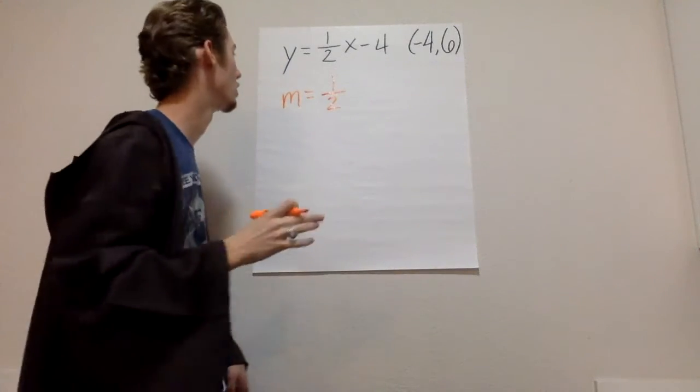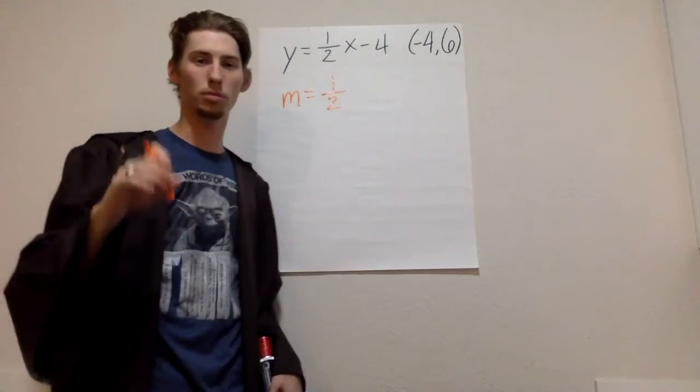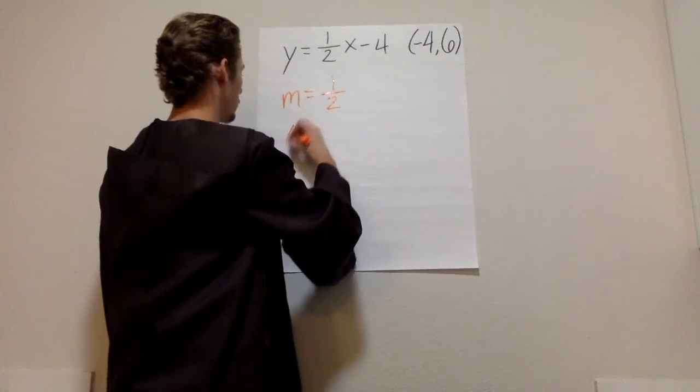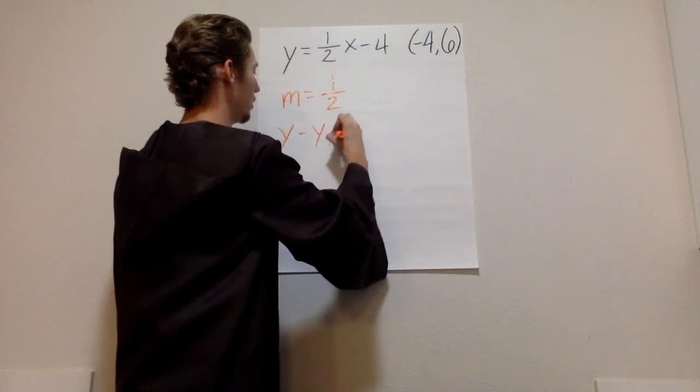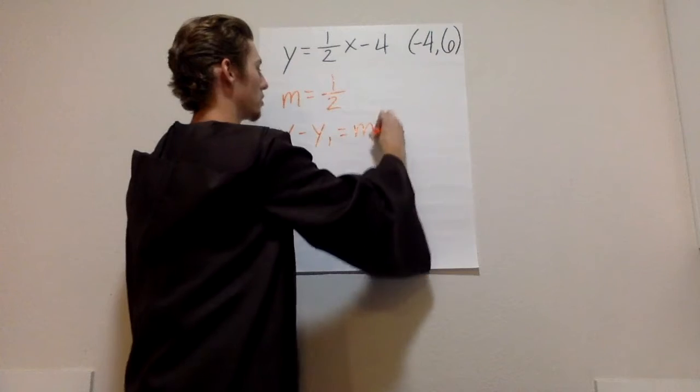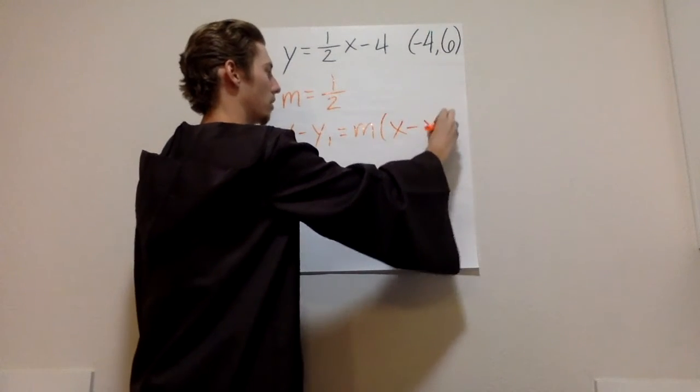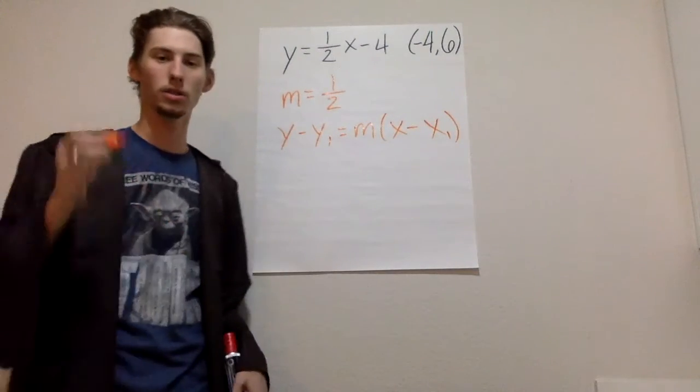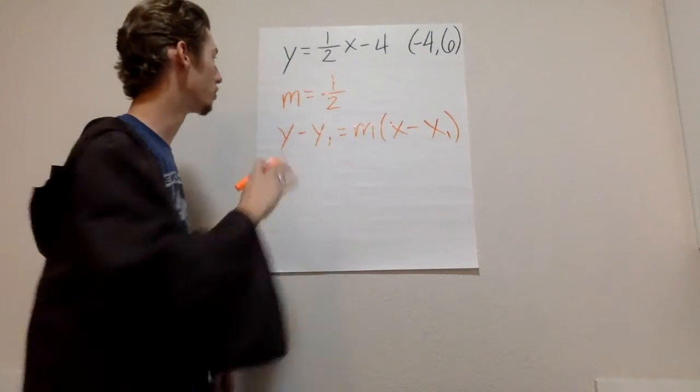Okay, that doesn't change. But now we want to use point-slope form, which, if you remember, was y minus y1 equals m times the quantity of x minus x1. All right, so now all we have to do is plug those two things in.